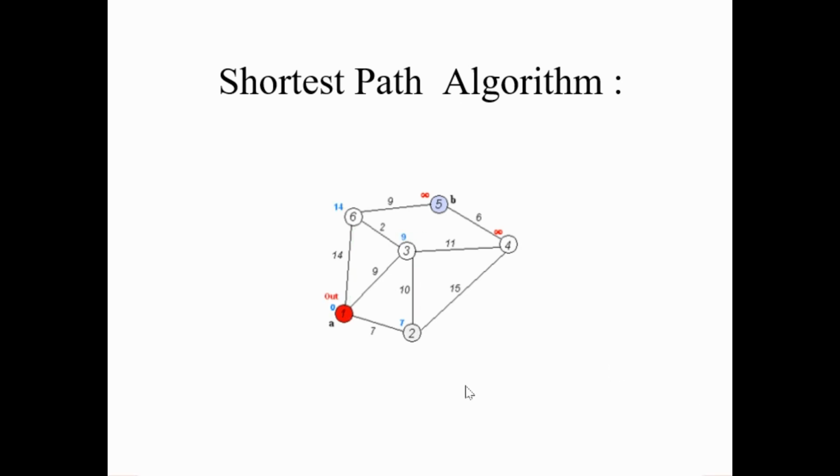If the vertices of the graph represent cities, and the edges represent driving distances between pairs of cities connected by a direct road, then Dijkstra's algorithm can be used to find the shortest route between one city, marked here as A, and another city, marked here as B. So this is what Dijkstra's algorithm is used for.